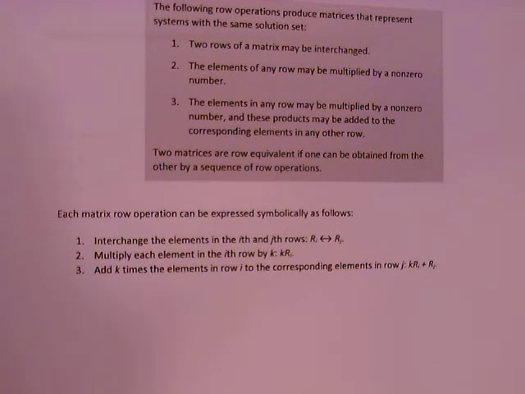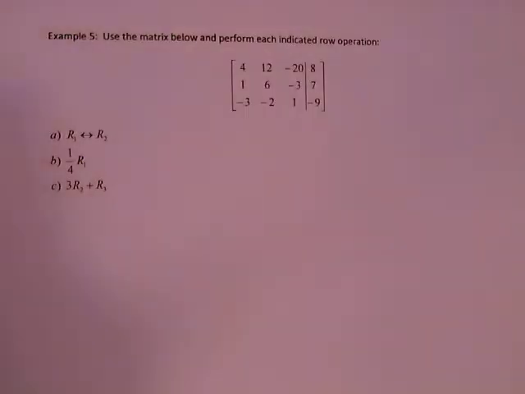Okay, so let's look at some examples of how to do matrix row operations. Take a look at example 5 on the next page. It says, use the matrix below and perform each indicated row operation. So here we have this matrix, which is 4, 12, negative 20, 8; 1, 6, negative 3, 7; negative 3, negative 2, 1, negative 9.